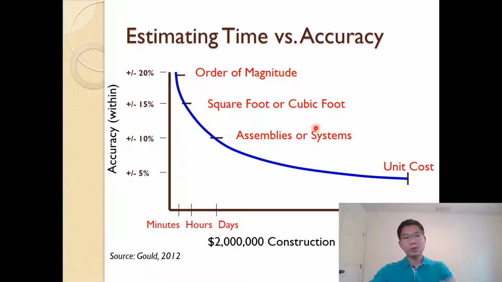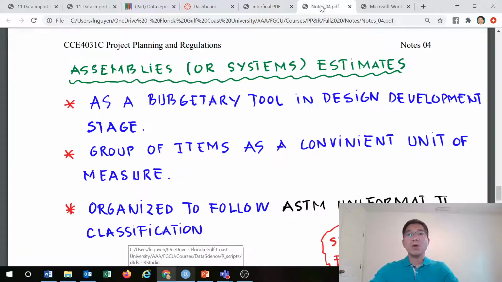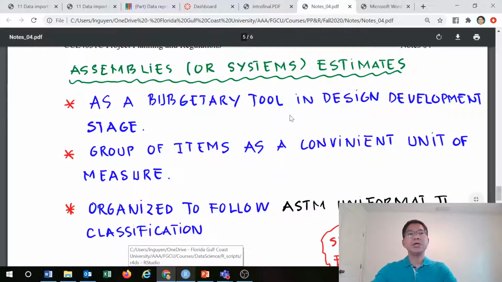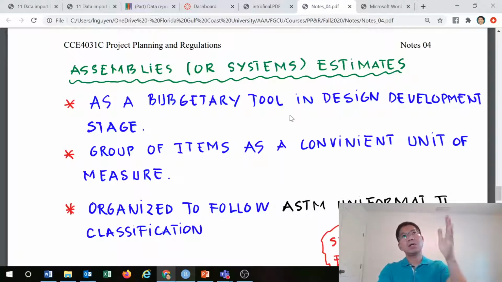Before we move on to the next slide, I just want to capture a few notes here about the assembly estimate. It's basically a budgetary tool in the design development stage. For example, you build a house and you want a clay tile, something we did in problem 2 of today's lessons.